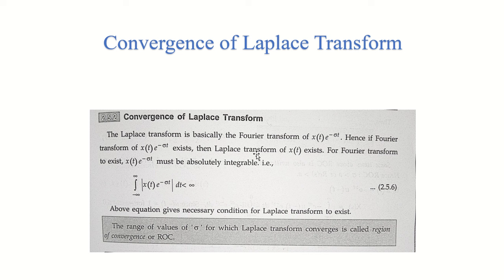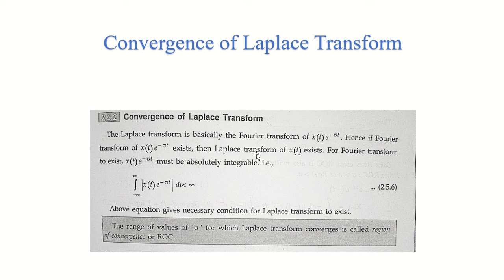So if the Fourier transform of whatever term you want to find the Laplace transform of exists, then you can definitely find the Laplace transform for the same term. If the Fourier transform of my signal exists, then the Laplace transform definitely will exist.